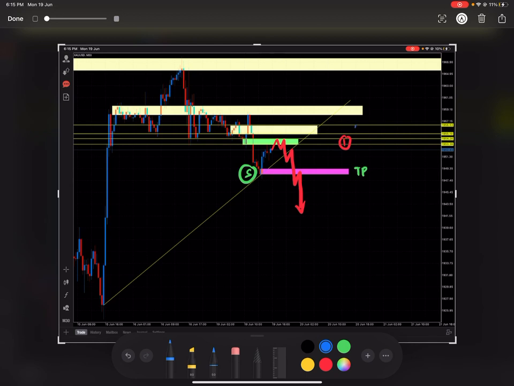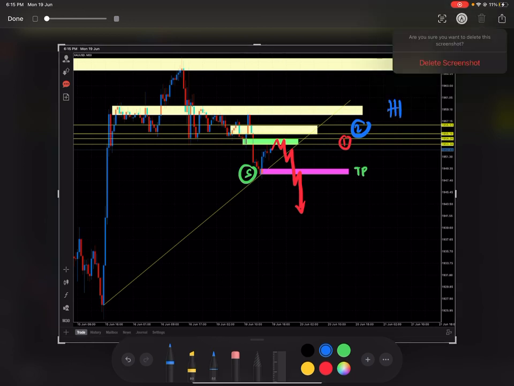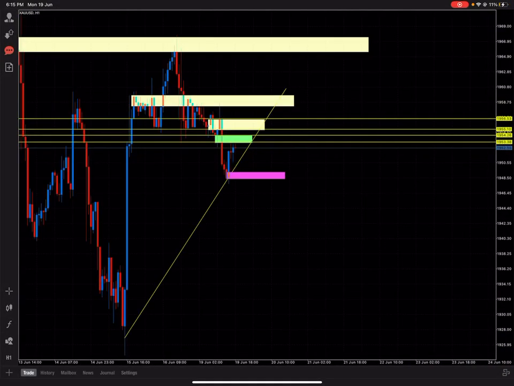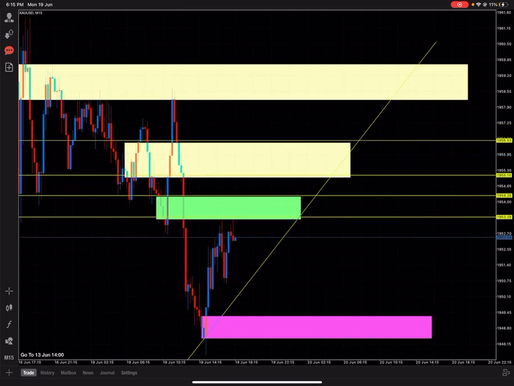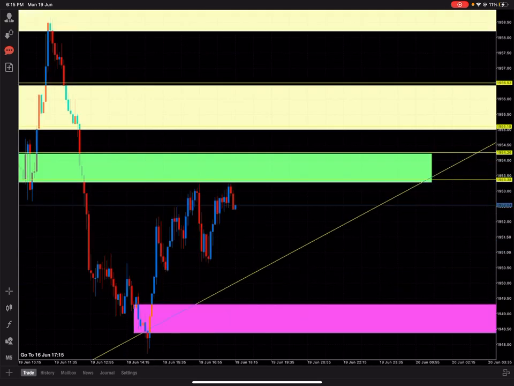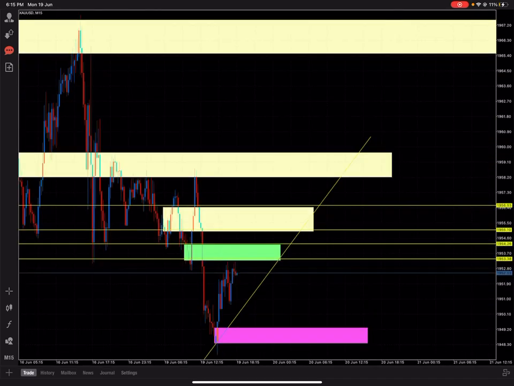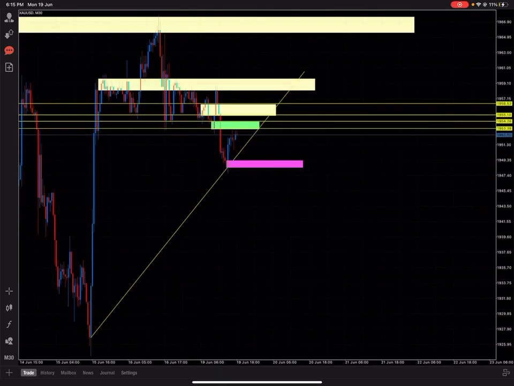This is the second zone. You can use it as an H1 selling, which is this engulfing sell. You can use it at H1 from 1955, 1956 or 1957. I find another confirmation on M30.